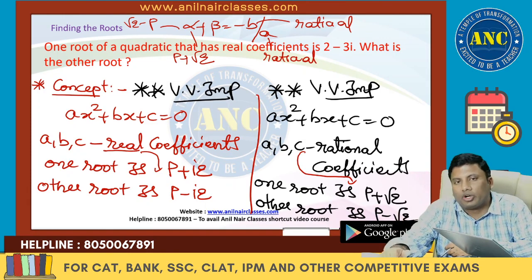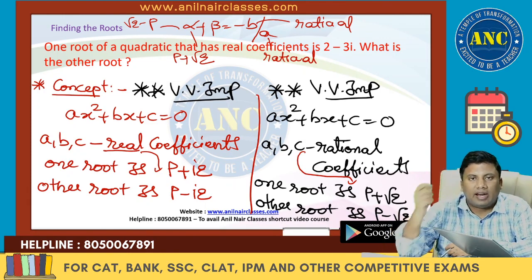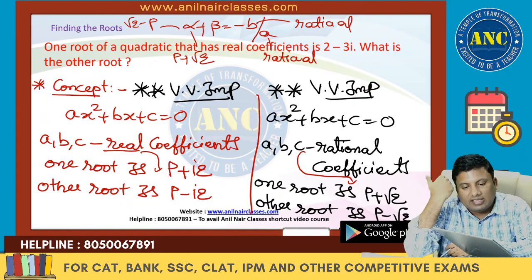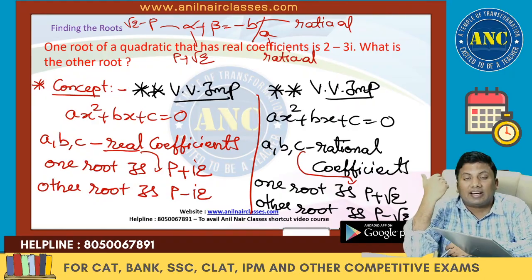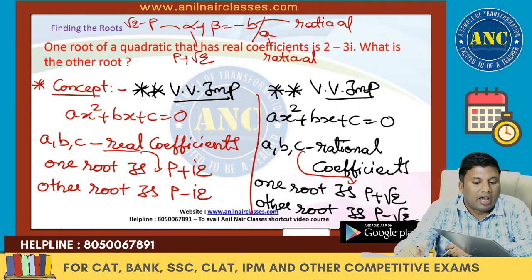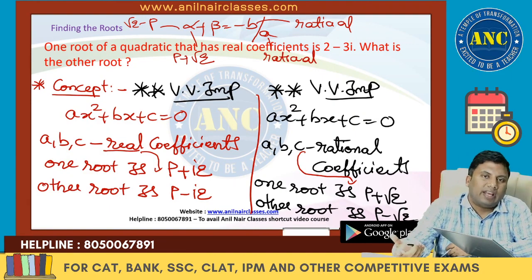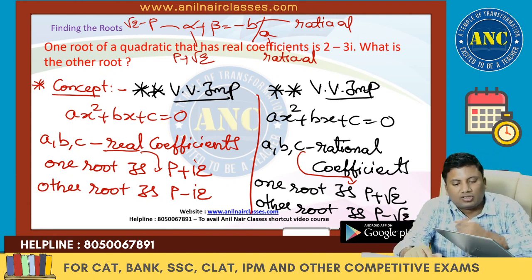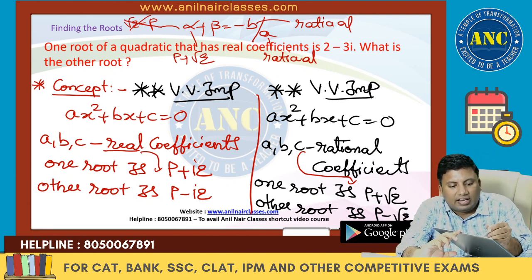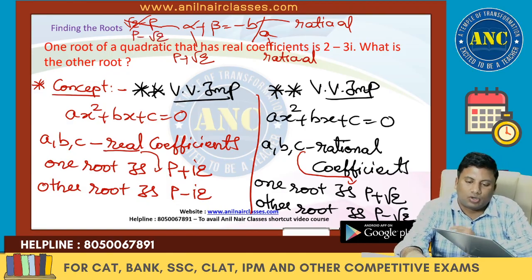It is 2 root q, right? So q can take some random values and make it an irrational number. I hope it is clear. q can take any value. Root 4 will give you 2. Root 7 will give you an irrational number. So that's exactly the reason. It cannot be root q minus p. It has to be p minus root q.